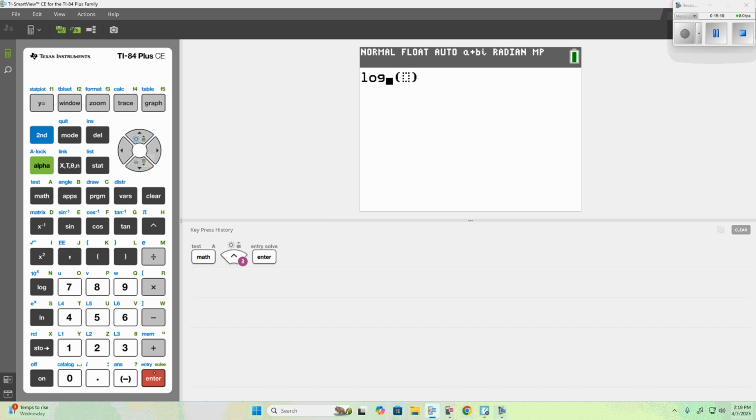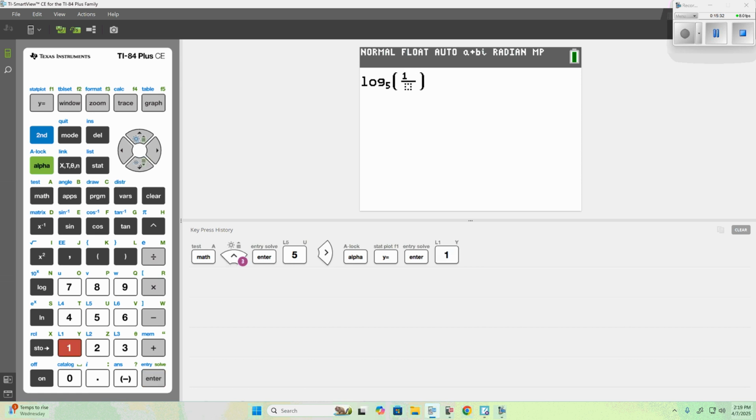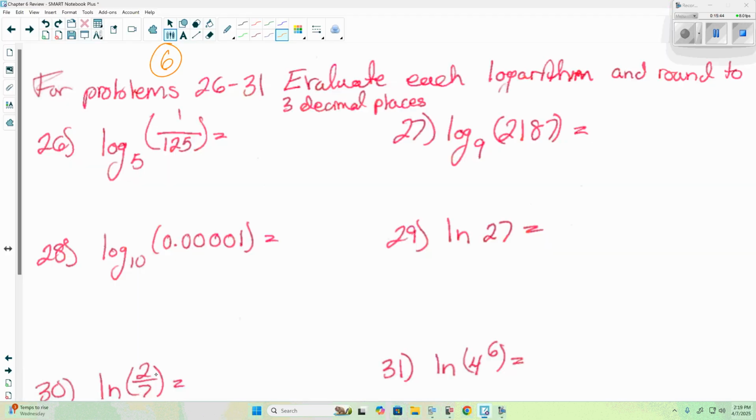Because the first one we're looking at is log base 5 of 1 over 125. And again, fractions are alpha, y equals, enter. Yeah, we'll do that here again.